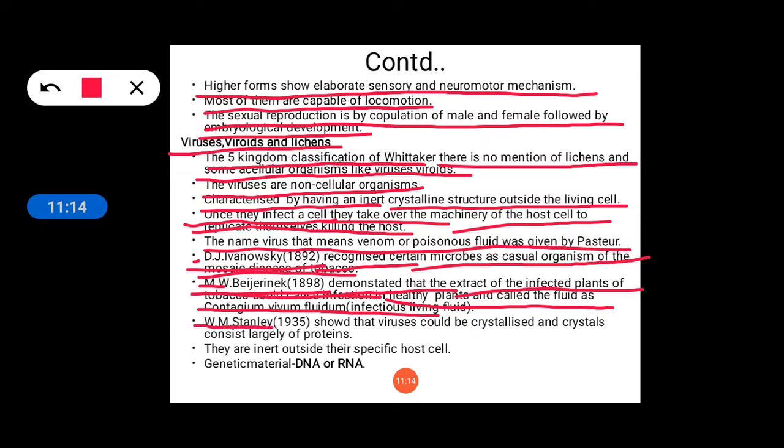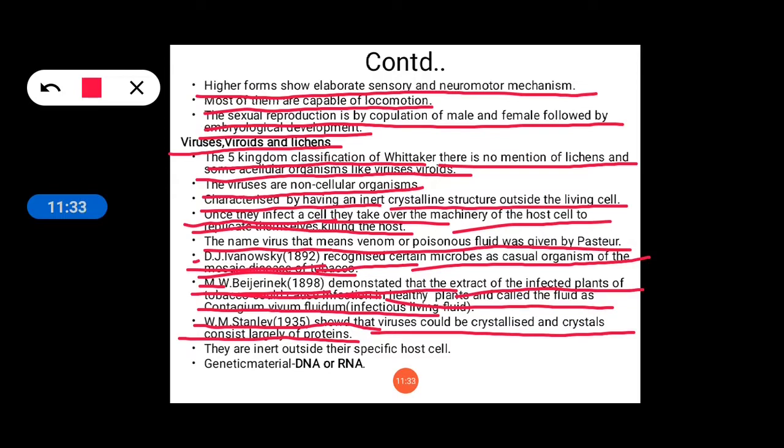W.M. Stanley in 1935 showed that viruses could be crystallized and the crystals consist largely of proteins. So they are made up of proteins.